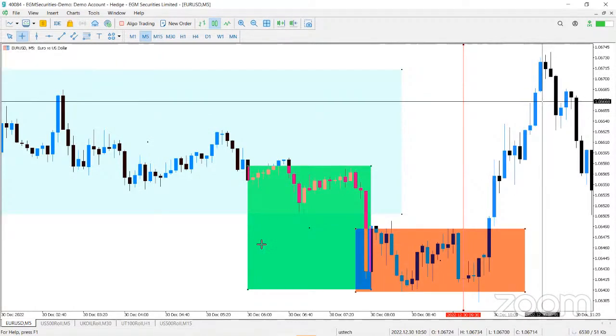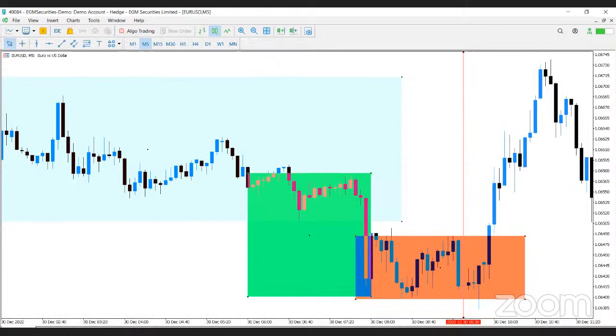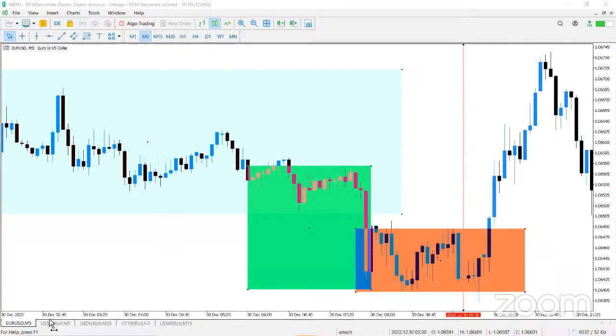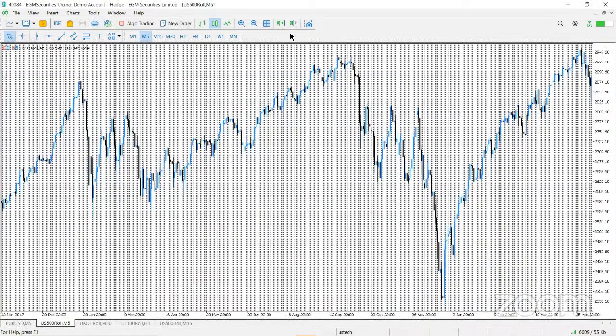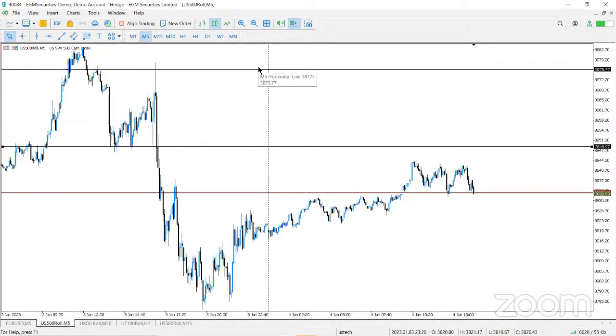So that's the first one. The second one, we've talked about 9:30 and the London session. But we can also talk about the New York session. And the good thing with these pairs is each pair has its own specific zone where it's the most traded.